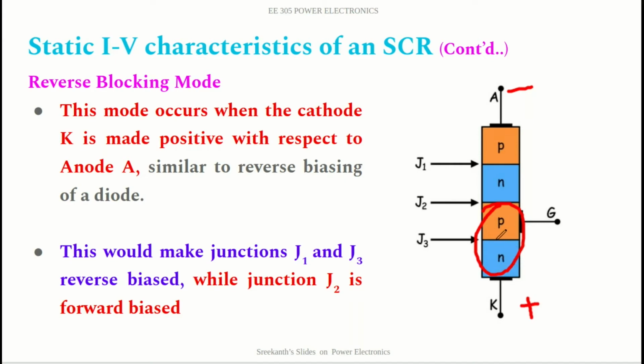Now what will happen? Then this will become reverse biased, right? Similarly, take this PN junction. Here negative voltage is being applied across the P type. So this will again become reverse biased.